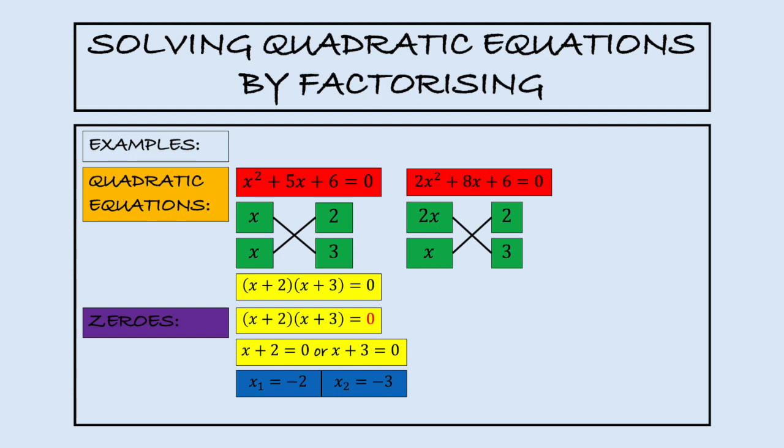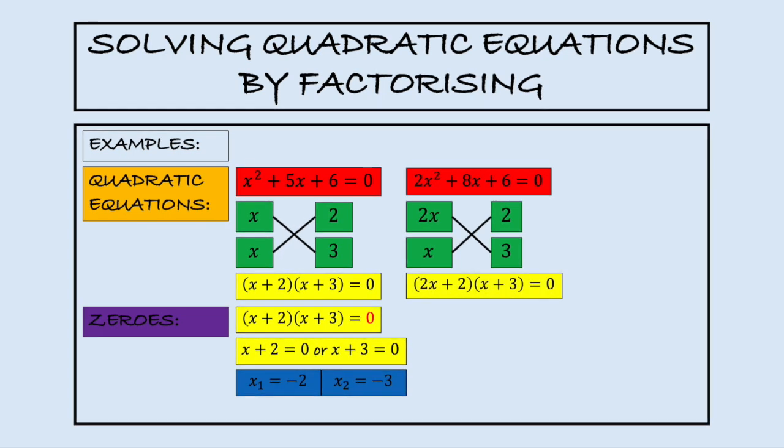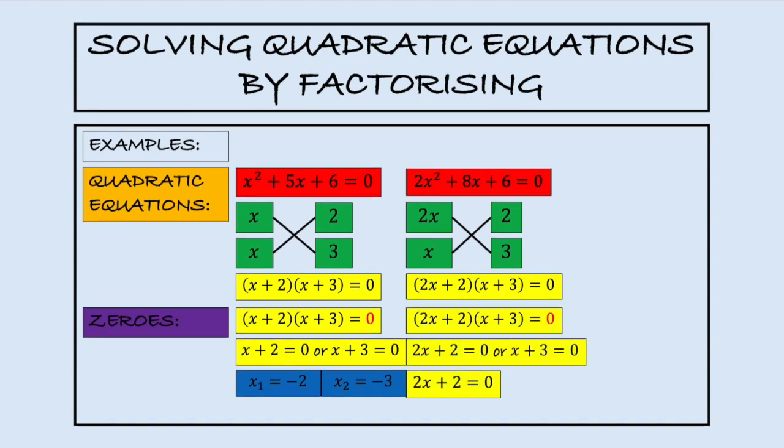In the first bracket, we would have 2x plus 2, and in the second bracket, we would have x plus 3. Applying our method from the previous example, let's assume that 2x plus 2 equals 0. Thus, we would have 2x equals negative 2.